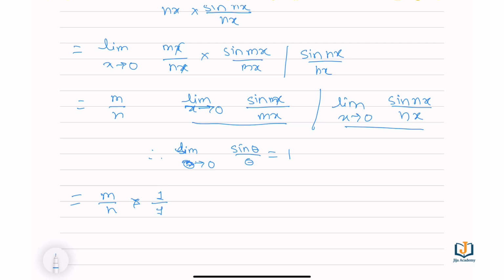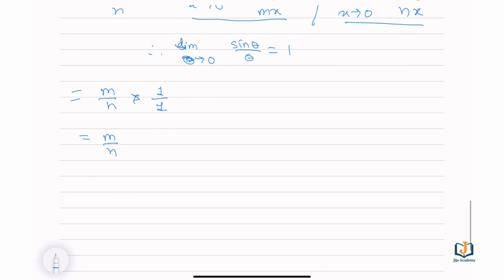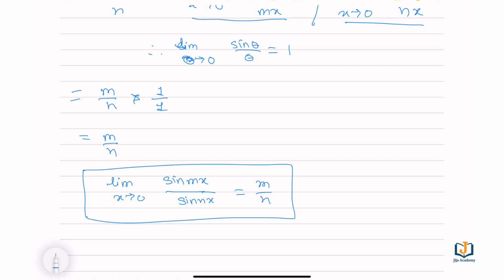So the answer is m upon n. So limit x tends to 0 sin mx upon sin nx is equal to m upon n. This is the answer. Now moving to the next problem.